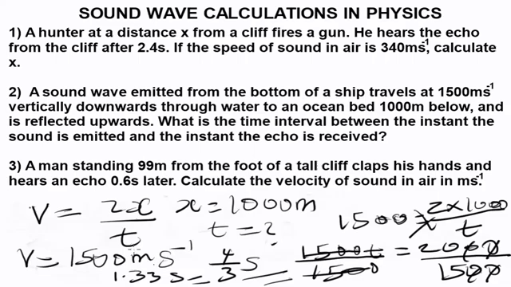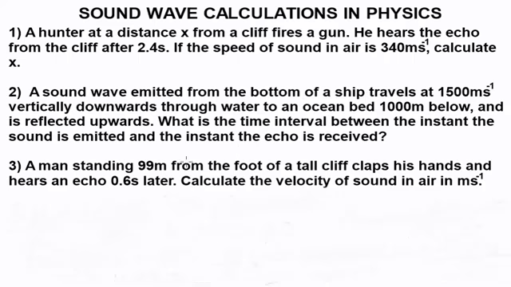Now let's write below and solve question 3 before we go to the next question. Question 3 says, a man standing 99 meters from the foot of a turkey leaf, claps his hands and hears an echo 0.6 seconds later. Calculate the velocity of sound in air in meters per second. We are still working with this basic formula, v equals 2x over t.